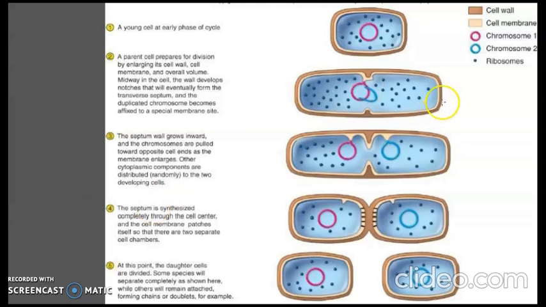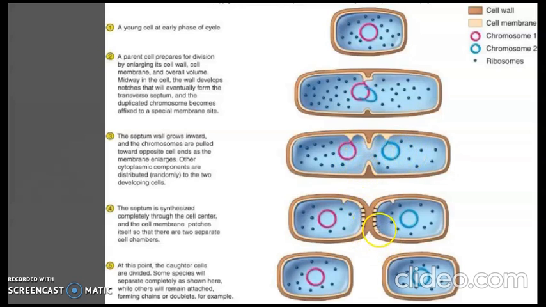Here you can see the cell wall in brown color and the cell membrane in a light yellow color. In the next stage, the septum wall will grow inward and the chromosomes are pulled toward the opposite ends of the cell, and as the membrane enlarges, other cytoplasmic components are distributed to the two developing cells equally.